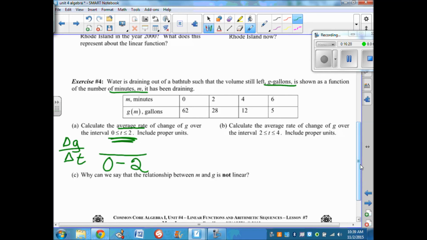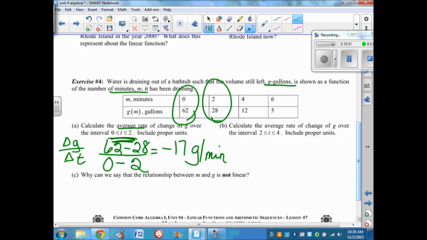So we're looking at those two values. What goes with 0 is 62, and what goes with 2 minutes is 28 gallons. Doing that subtraction, we end up with negative 17 gallons per minute.